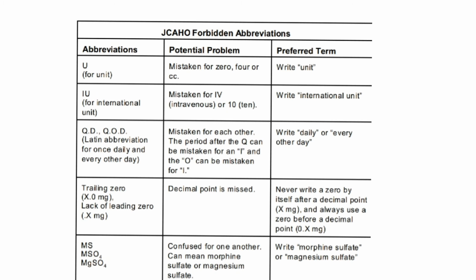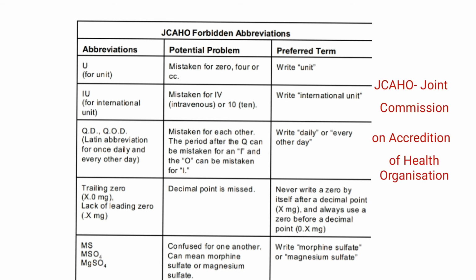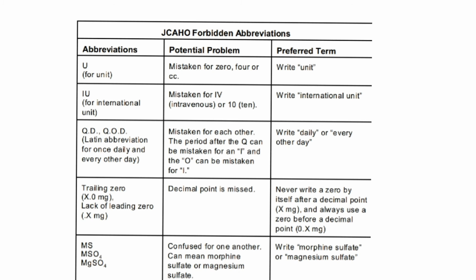Next, we are going to take a look at some of the forbidden terms, or do not use list, of abbreviations created by the JCAHO, Joint Commission on Accreditation of Healthcare Organizations, in 2003.